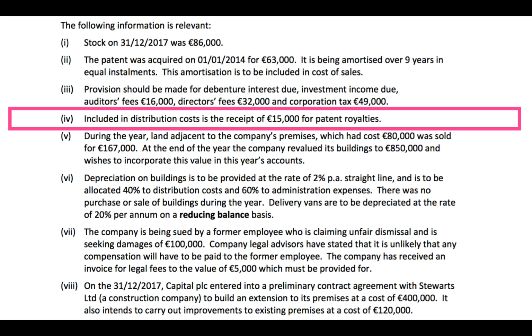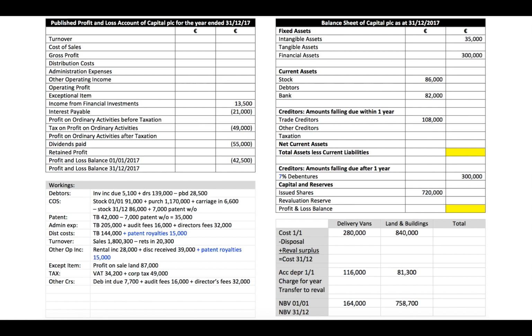So we need to add 15,000 to distribution costs, and then we'll add the 15,000 patent royalties to where it should have gone, which was other operating income. So see here, distribution costs, add patent royalties, 15,000, and then other operating income, patent royalties are added there, where they should have gone in the first place.